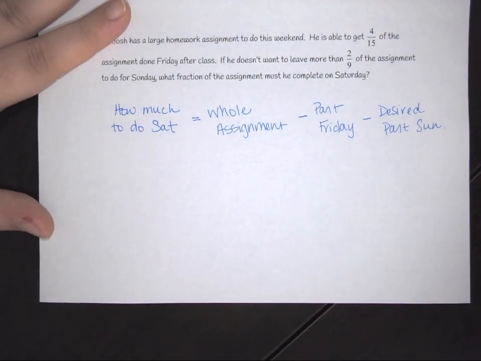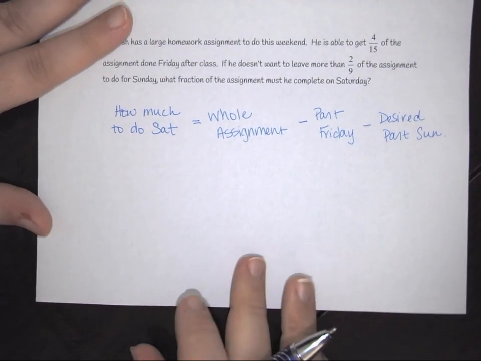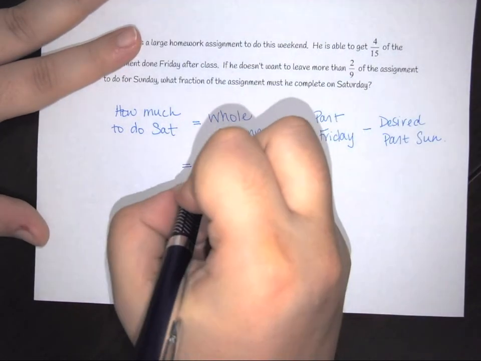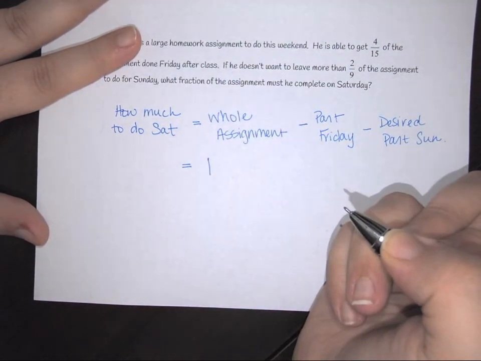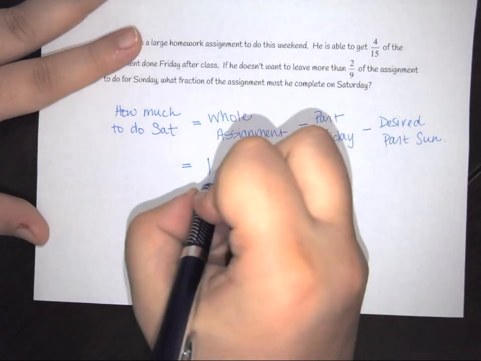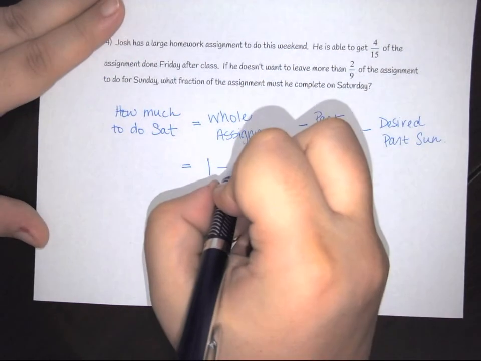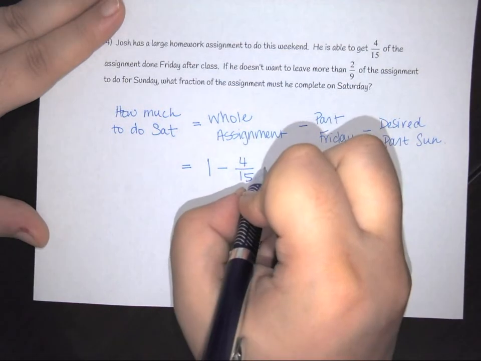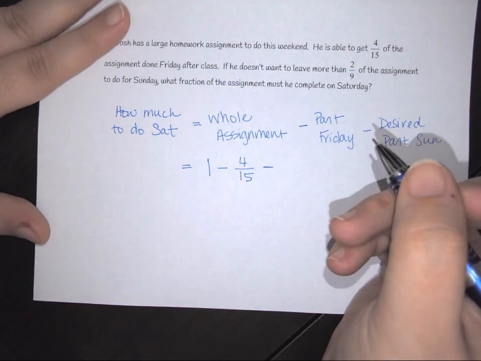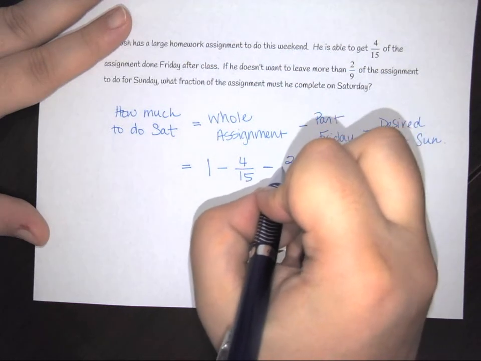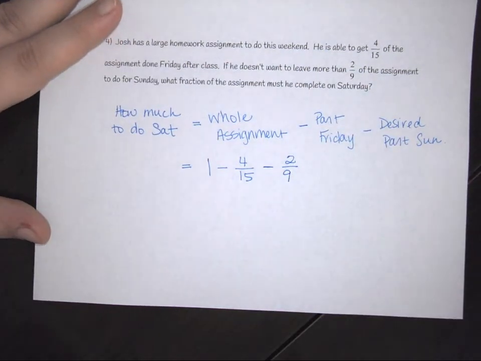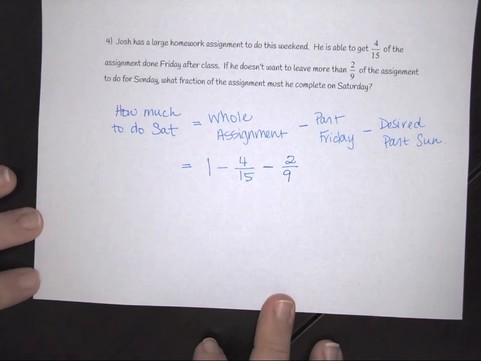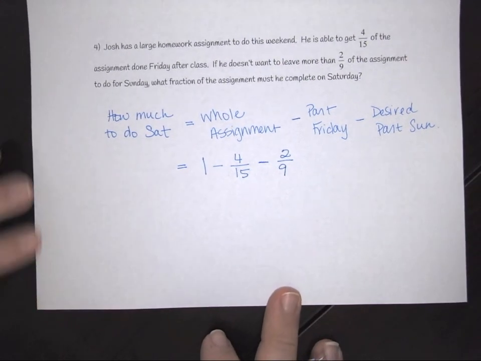And that should leave me with how much to do on Saturday. Well, the whole part is going to be 1, because that's 100%. On Friday, we did 4/15 of the assignment, and then I only want to do 2/9 on Sunday. And that should give me how much I have to complete of the assignment on Saturday.